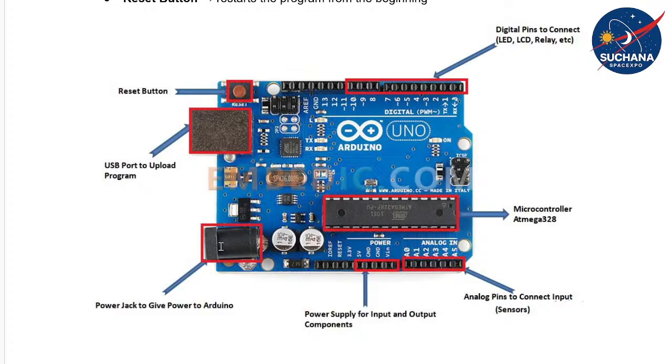Low state means it is having 0 volts. Once you set it to the high state, the voltage from the battery powering the Arduino module, the 5-volt supply, will reach the LED. That happens only when the pin is configured in output mode and set to the high state. Is that clear?